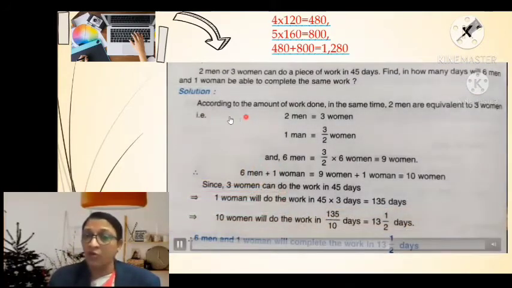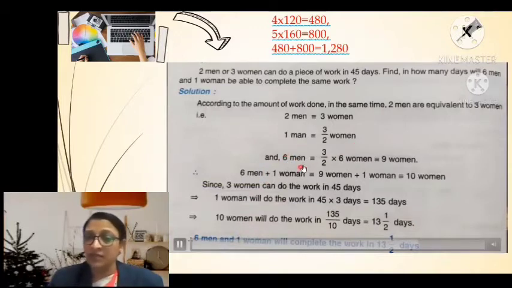So here, according to the given, the amount of work done in the same time by 2 men is equivalent to that by 3 women. We will note it down here. 2 men is equivalent to 3 women and 1 man is equivalent to 3 by 2 women.